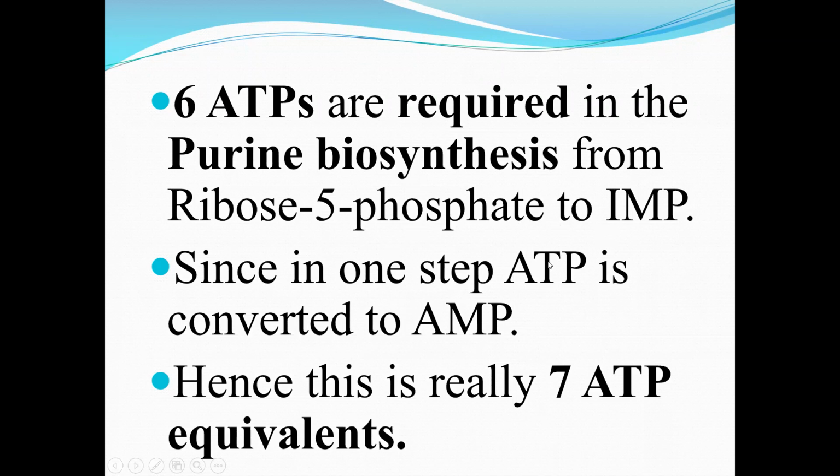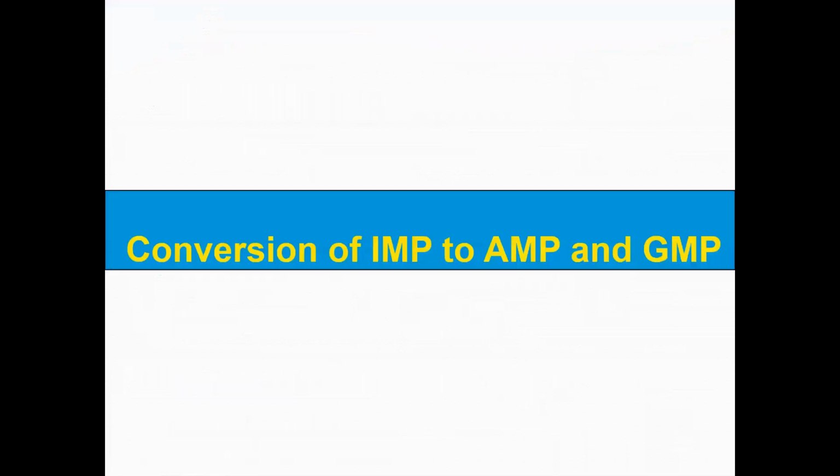Since in the first committed step, ATP is directly converted to AMP, hence the total ATP requirement for de novo purine biosynthesis or for formation of inosine monophosphate only, IMP synthesis, is 7 ATP equivalent. Now we will move to the next step of the purine biosynthesis, that is conversion of IMP to AMP and GMP.